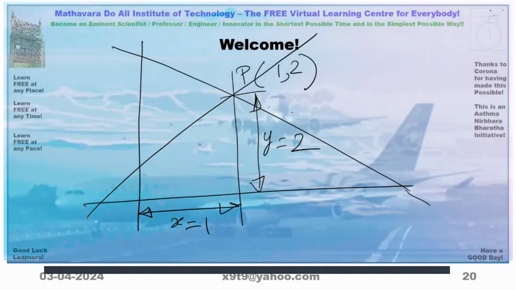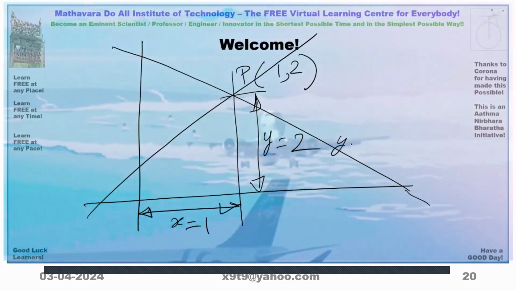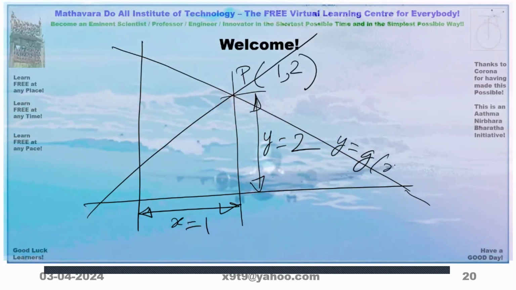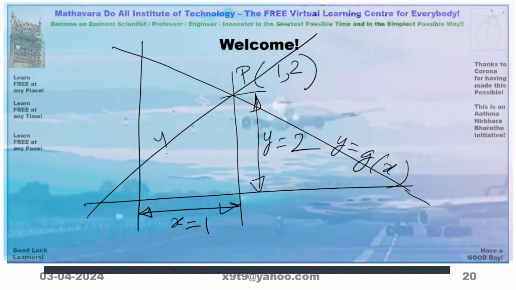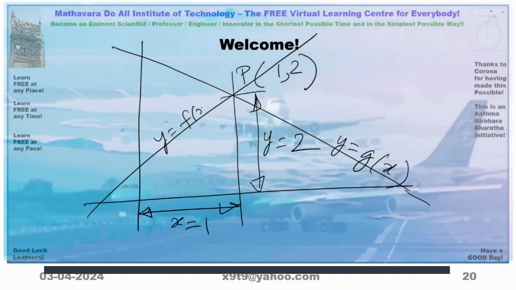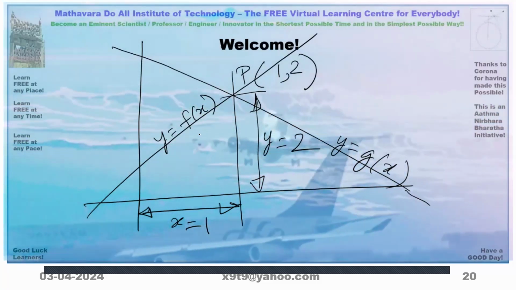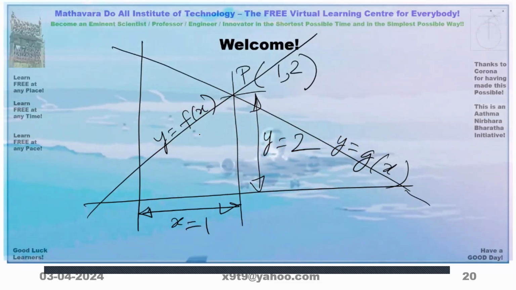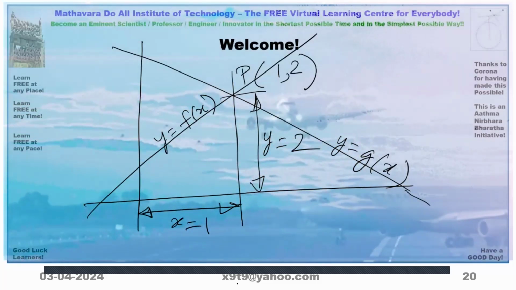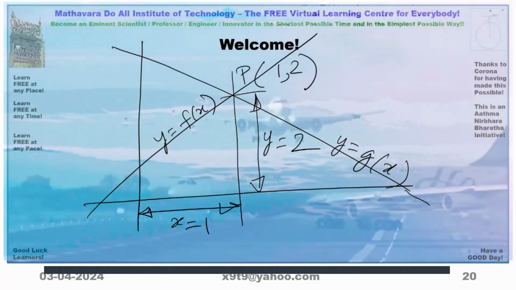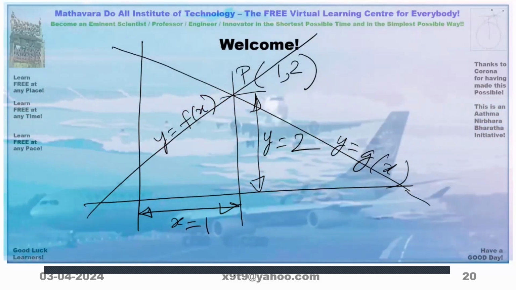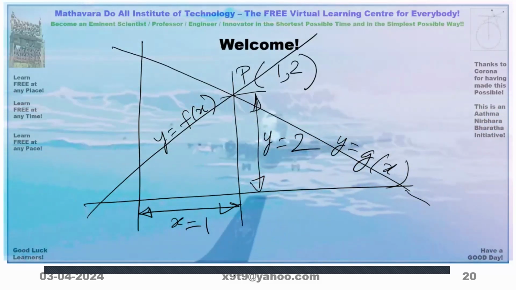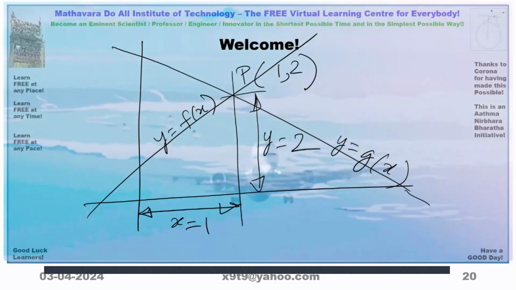So that is the solution. This is one graph, y is equal to g of x. This is another graph, y is equal to f of x. So for straight lines, to find the point of intersection, we can use a method like this and find the point of intersection of the given two lines.